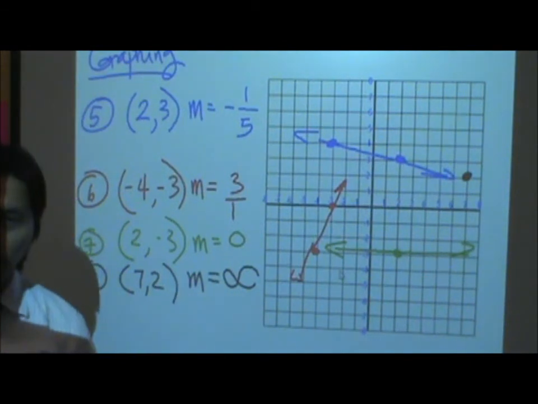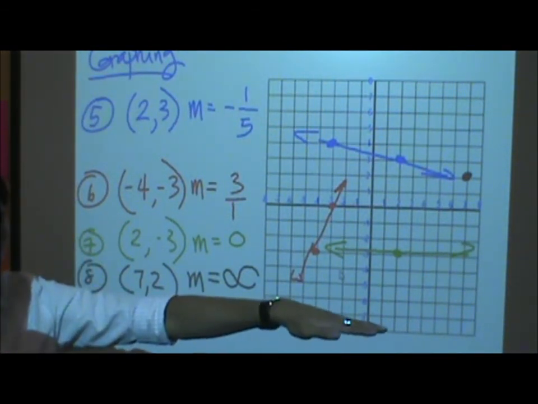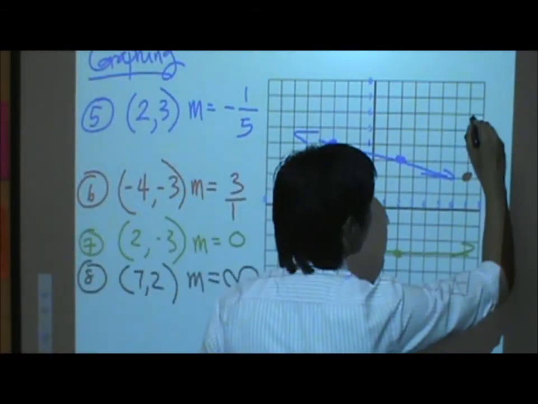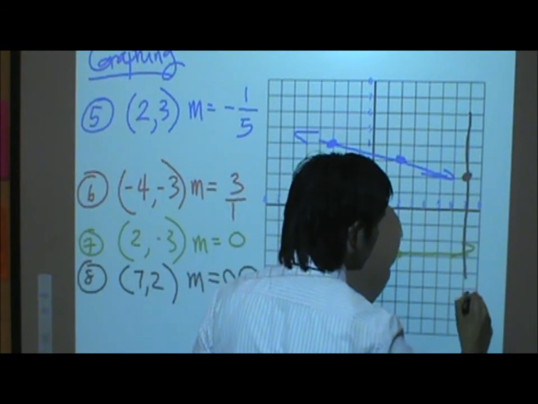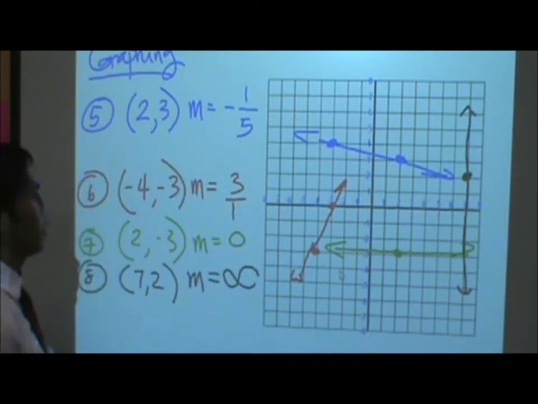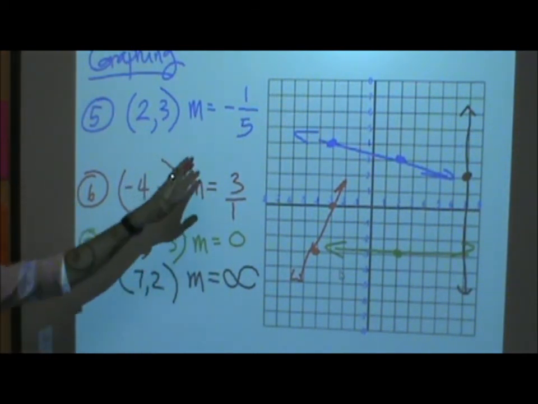A line with a slope of undefined is the opposite of horizontal, which is 0, so that means it is vertical. Very good. So it's going to be a vertical line passing that point. That's how easy it is. There you go. So here are another examples, 5 through 8, given a point and the slope.